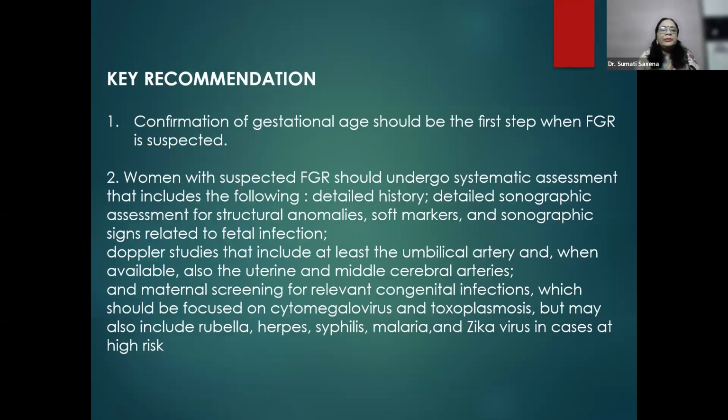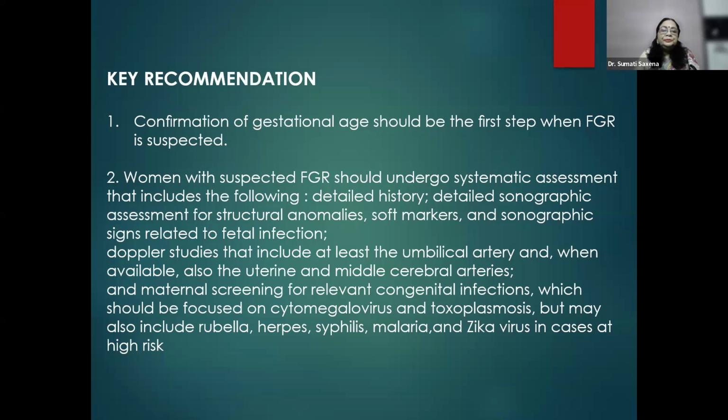So key recommendation is, whenever you have a case of FGR, confirm the gestational age, because sometimes mistaken dates can be there, and you diagnose that the baby is FGR, but it is not because of the mistaken date. So first is confirmation of gestational age by correlating it with the first ultrasound.